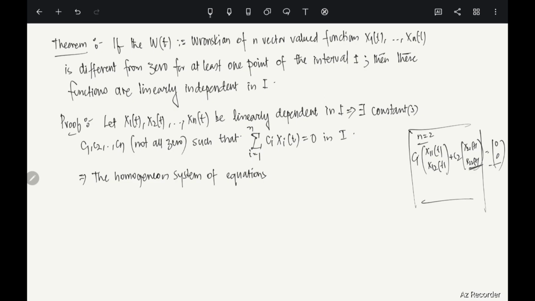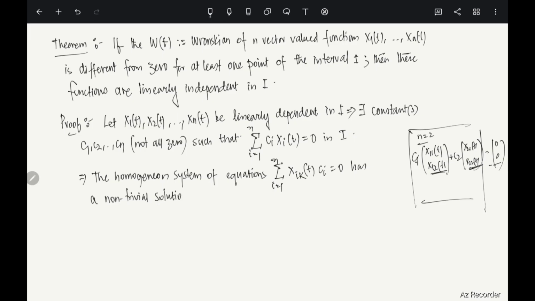In general, the summation of xik of t times Ci is 0, i equals 1 to n, where k is the kth component. You understand? I am just writing it in terms of a shorthand notation. So C1 x11 plus C2 x21 is 0, and C1 x12 plus C2 x22 is 0. This is what I am just writing. So this homogeneous system of equations has a non-trivial solution.